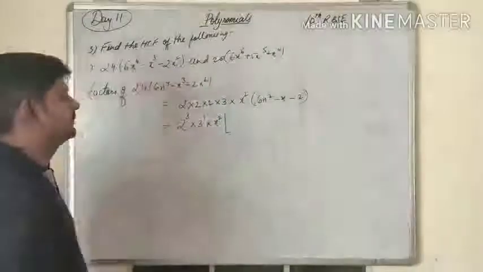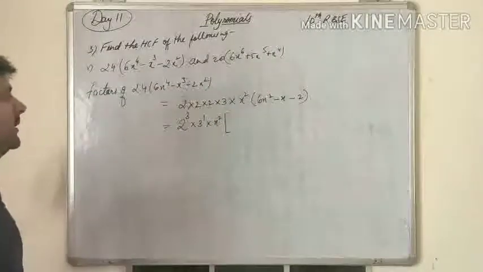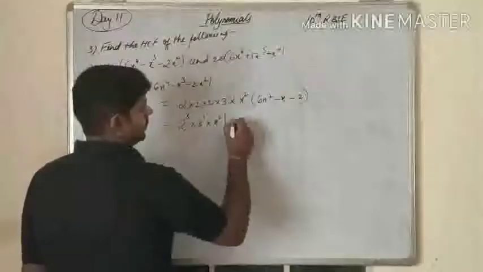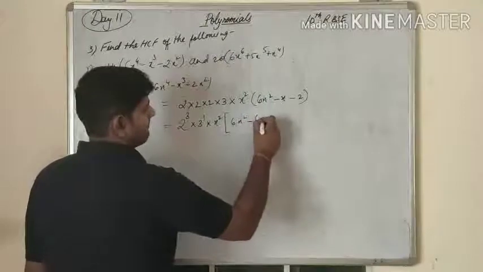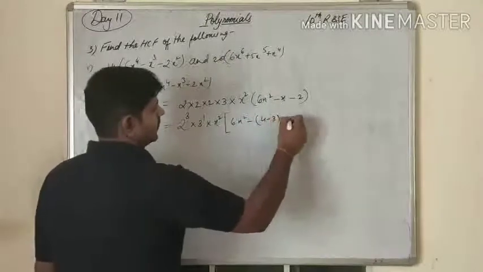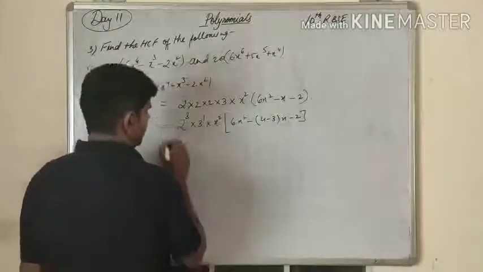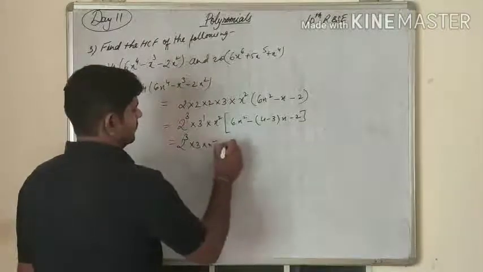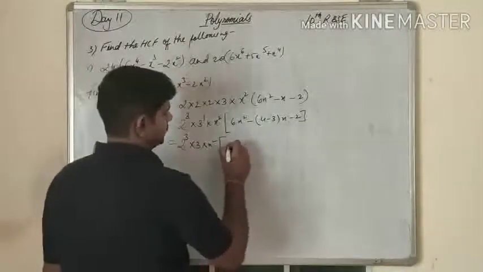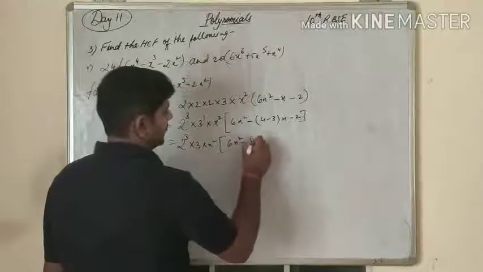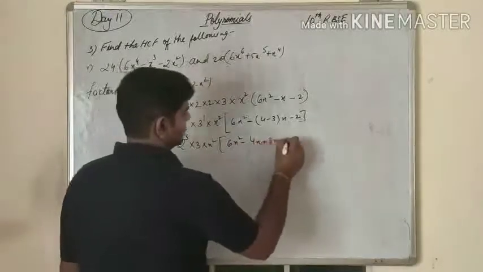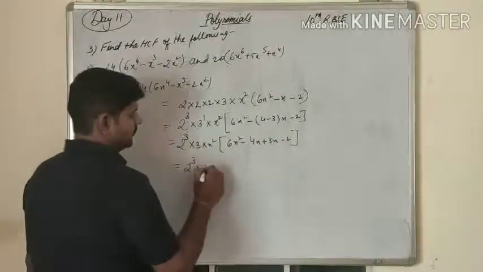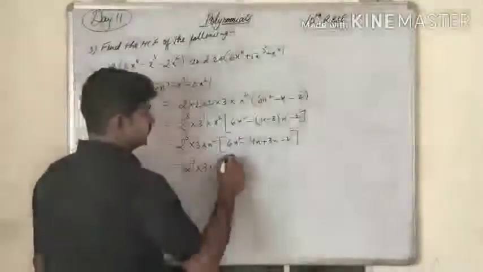First we need 4 minus 3, there will be 1. So it can be written in this term, 6x square minus 4x plus 3x minus 2. So 2 raised to 3, 3 into x square.